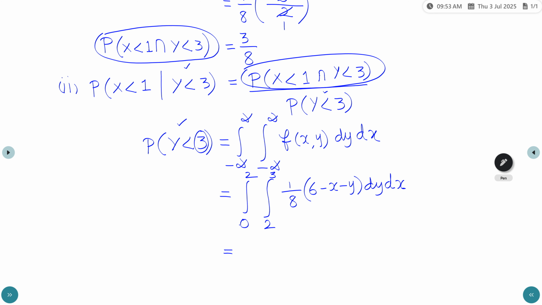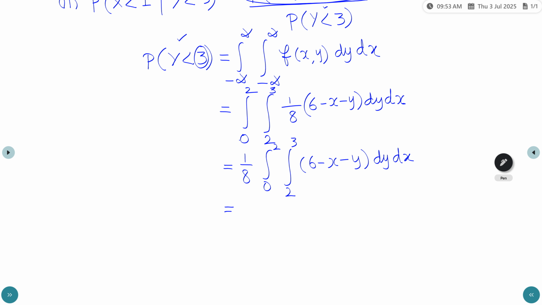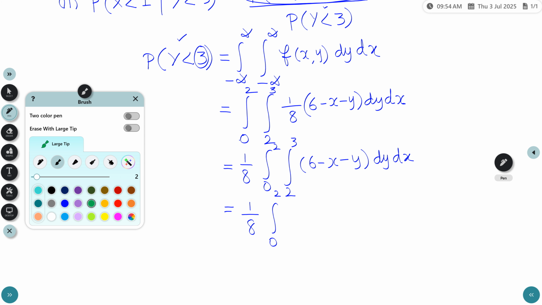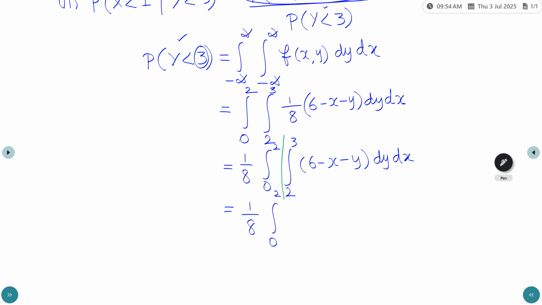So next step, we can take the constant term 1 by 8 outside, the remaining integral 0 to 2, 2 to 3, 6 minus x minus y into dy dx. 1 by 8 into 0 to 2, integration with respect to y.